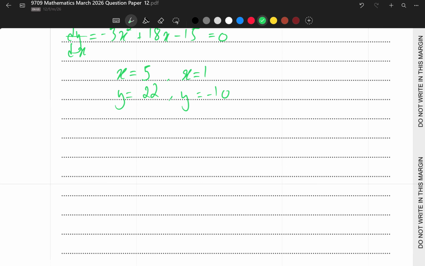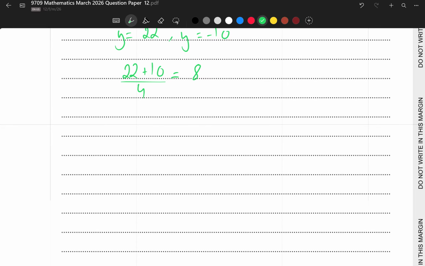Now we'll find the gradient: (y2 - y1)/(x2 - x1), so 22 minus -10, minus is plus, so 22 + 10 upon 5 - 1, which is 4. So the gradient will be equal to 8.